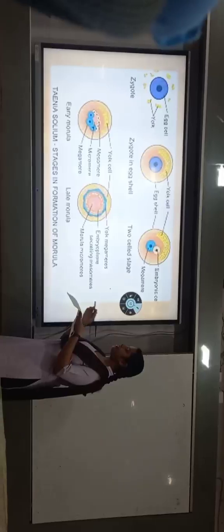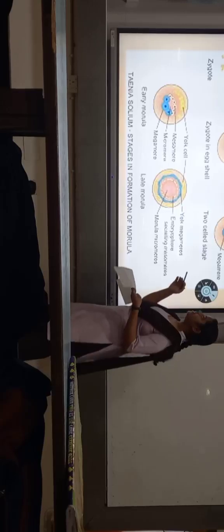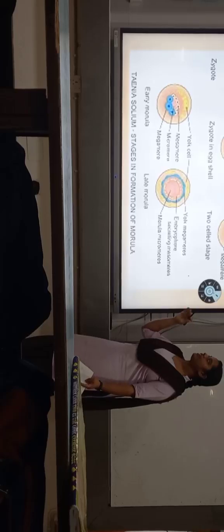Thus three types of cells result: smaller micromere, medium mesomere, and larger megamere. Then the yolk or vitelline cells transfer their yolk to the megamere, where it gradually disappears completely.